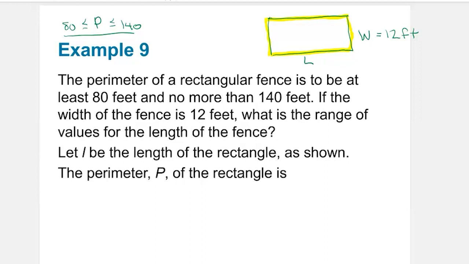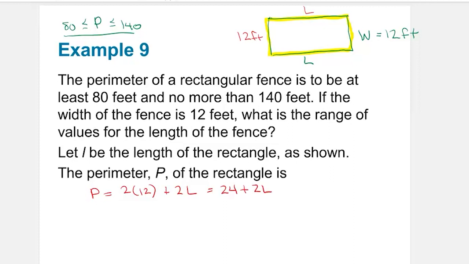Since both sides, like this, are also 12 feet, and this is also whatever the length is, I can say the perimeter of that rectangle is equal to 2 times 12, which are the two widths, plus 2 times L, which are the two lengths. So that equals 24 plus 2L.